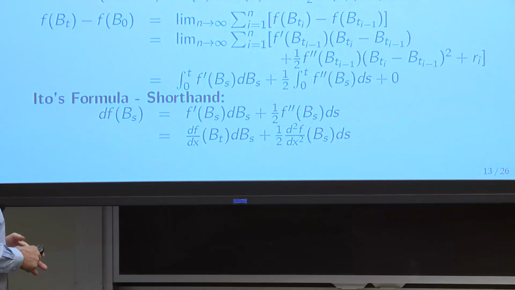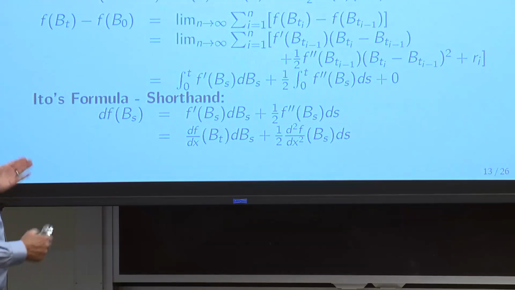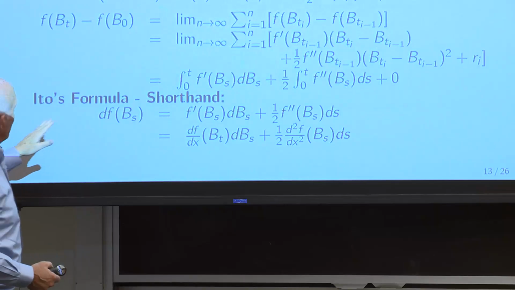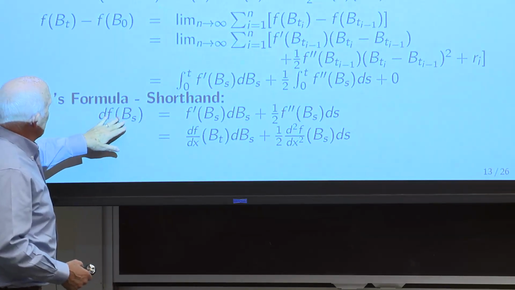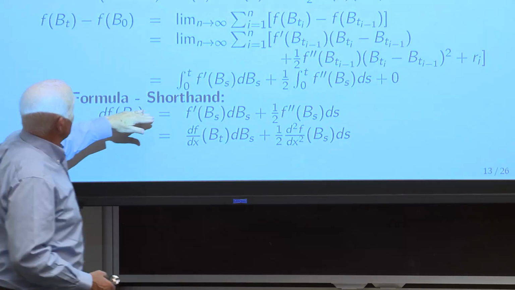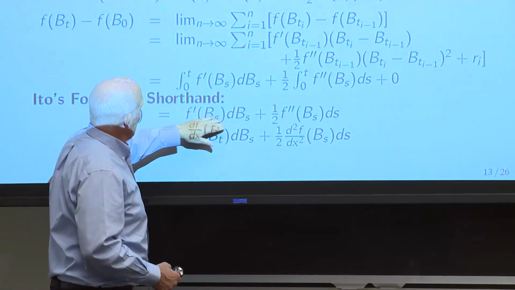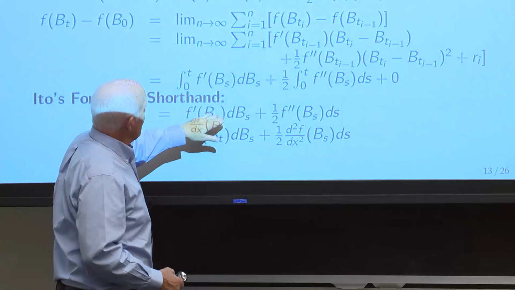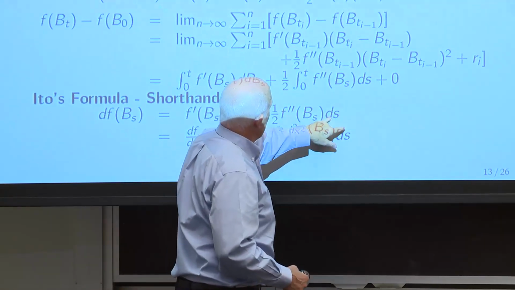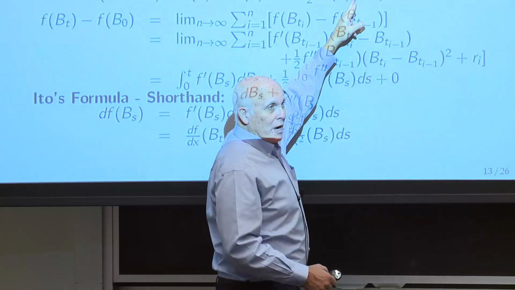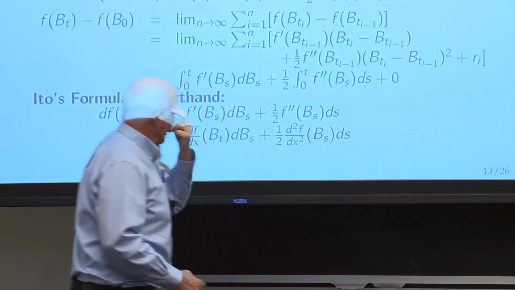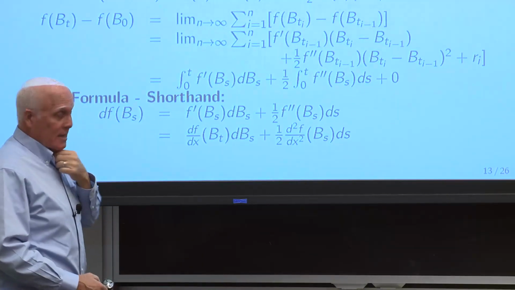We can think of developing a notation with Ito calculus, which is that the differential of f at Bs is equal to f prime of Bs dBs plus a half f double prime at Bs times the square of dB, which is equal to ds, the increment of time.